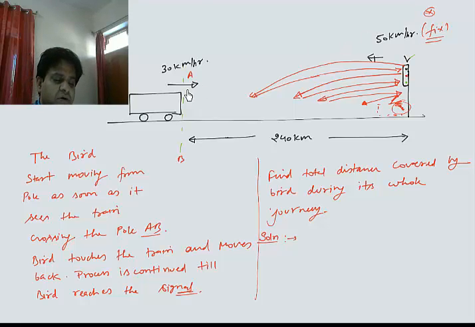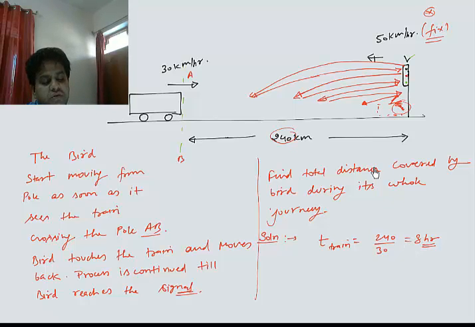So this train will take around 8 hours to move to the signal. Time taken by the train to move to the signal is distance upon speed, that is 8 hours. So the train will take 8 hours to move from this pole AB to this signal, and during these 8 hours the bird is continuously moving with a speed of 50 km per hour, and it has never stopped.